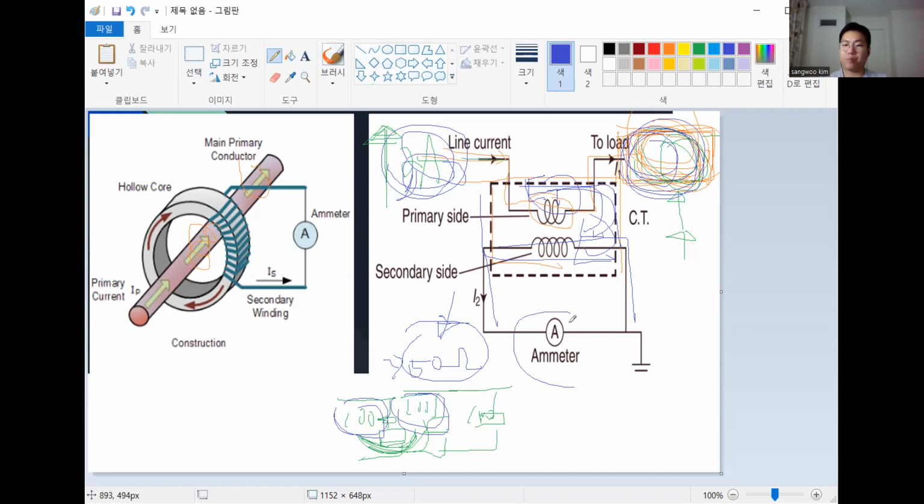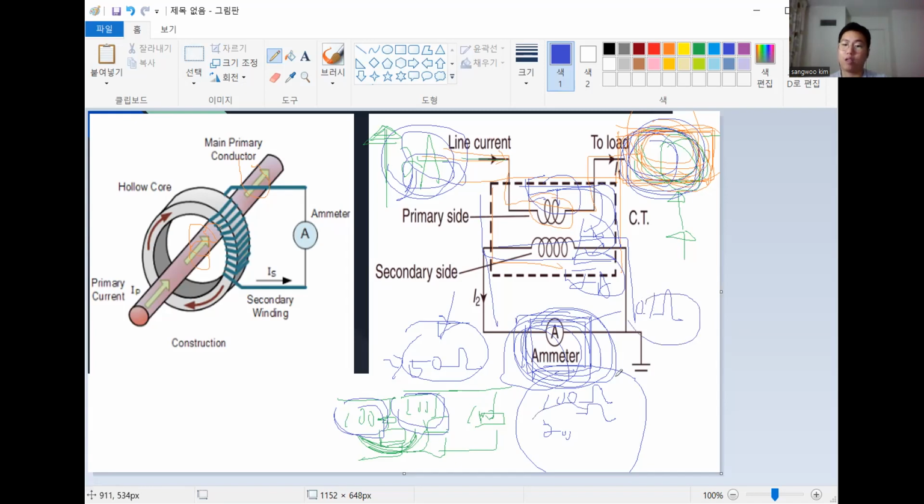So for example, here 2 amperes is coming. If here's an ammeter, I want to check the current. But if here's a load of 100 ohms, or 200 ohms, for example, now the ammeter is going to be almost 0 ampere.